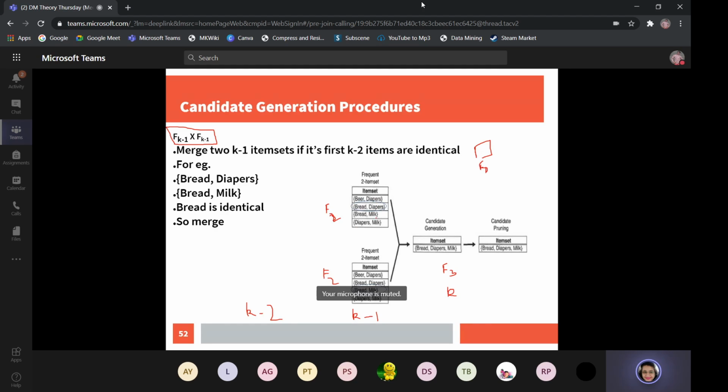Here also you are generating lexicographically, so the entire ordering is lexicographic. We are saying that if we have to find F3 candidates, then you are combining F2 cross F2. But how are we going to do that? You will match the first k minus 2 items. In this case, what is k minus 2?